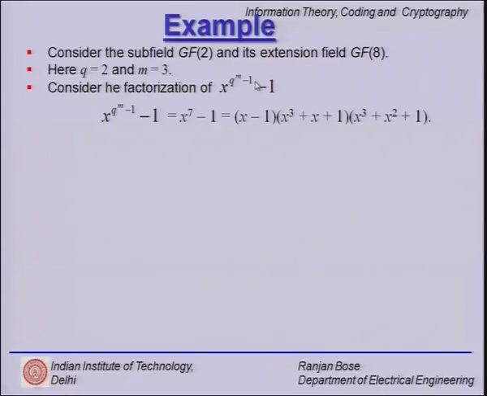So, q raised to the power m minus 1 is 7. So, I am trying to factorize x raised to the power 7 minus 1 over this field GF(8). Now, without worrying too much, I can always write, if 1, 2, 3, 4, 5, 6, 7 are the non-zero elements of GF(8), I can always write x raised to the 7 minus 1 as x minus 1 into x minus 2 into x minus 3 and so on and so forth, right.